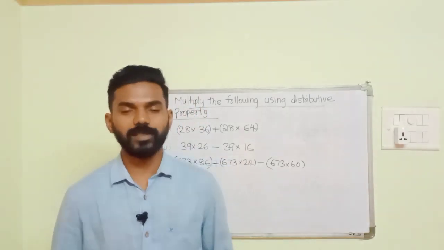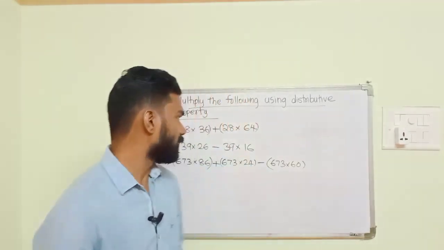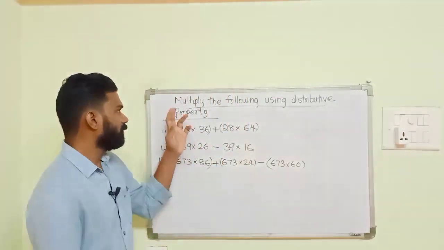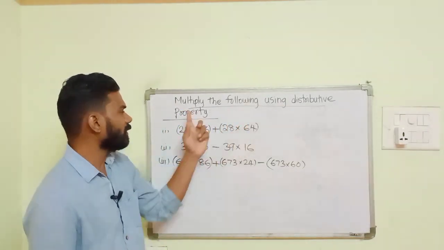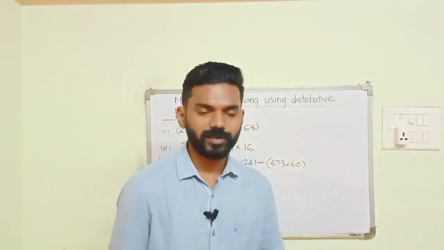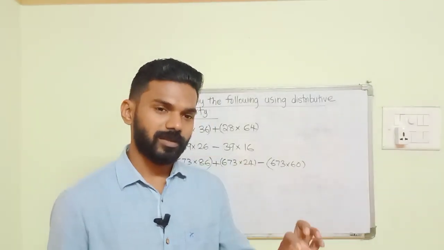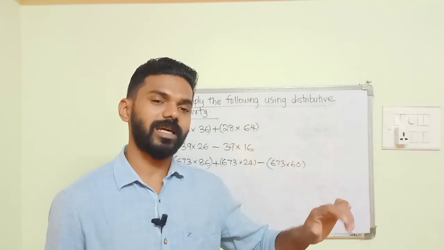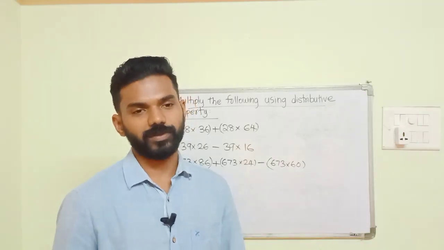Now all of you listen here. Here you can see there is a question for you. Multiply the following using distributive property. Distributive property means distributive property upon addition as well as upon subtraction you can use.